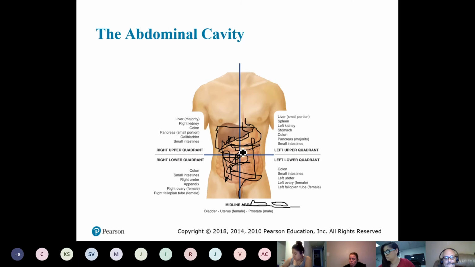Okay. Now, something else about the organs. We have hollow organs and we have solid organs. A hollow organ is hollow on the inside, and they usually contain a fluid or something. Like the bladder is a hollow organ, so it contains urine.